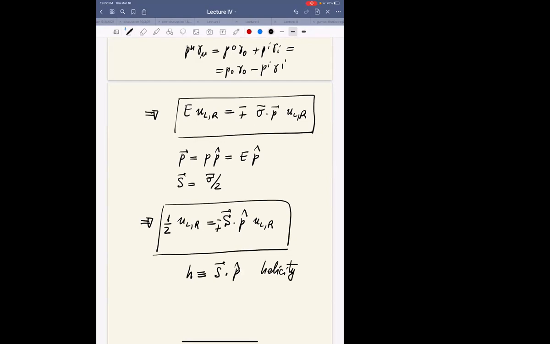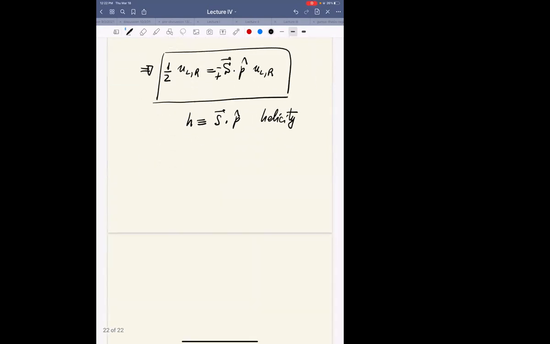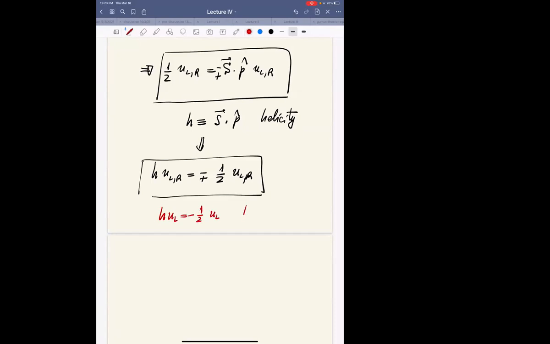Photon has two helicities, plus or minus 1. And massless spinors have helicity. So I get that H acting on U L/R is minus/plus 1/2 U L/R. Let me write it in the boring manner, something that we will never forget. H U L is minus 1/2 U L. H U R is plus 1/2 U R. You're right, this is very important.